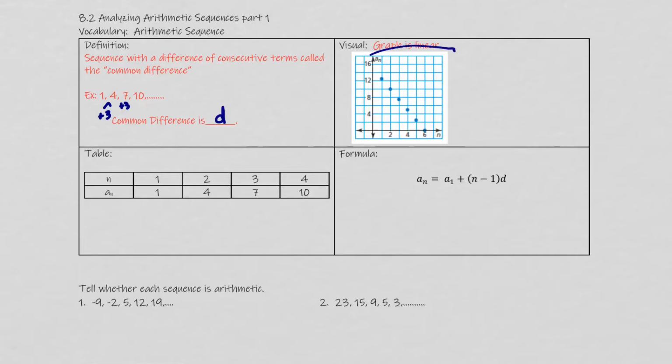If you get a visual graph to determine if it's arithmetic, it makes a straight line. Okay, they are linear. If you're given a table, as you go up each term, you see that I'm adding 3 here to get to 4, I add 3 to 4 to get to 7, and I add 3 to 7 to get to 10.